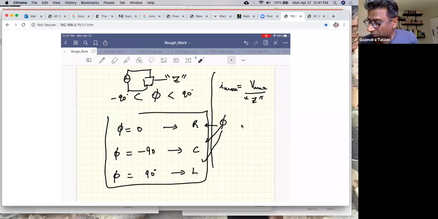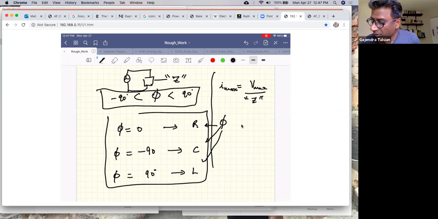Of course, the phase shift generally is between minus 90 and 90 degrees. Well, it's always between minus 90 and 90 degrees, but for most interesting circuits, it's somewhere in between. Now here's the deal.